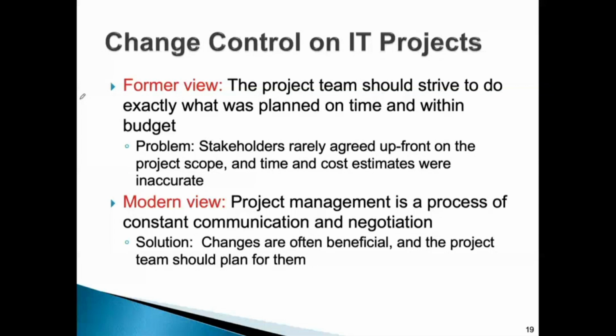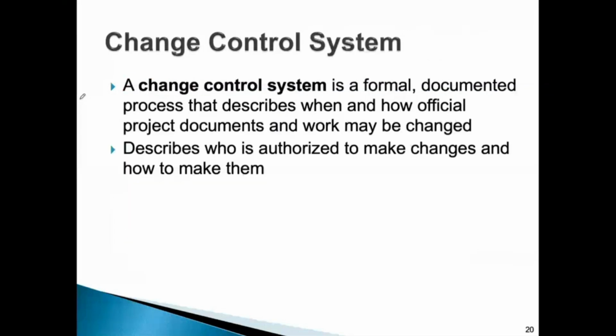Okay, going back to the change control system that I mentioned, you need to have a change control system, which is a formal documented way of doing any change. We say that we have the plan approved. That's the baseline. Now you have to stick to that plan. Any changes, say sorry, I cannot do any changes.